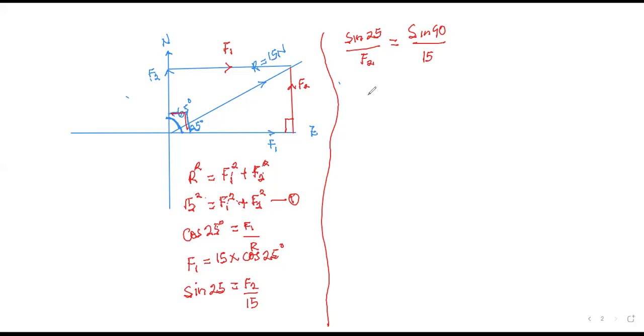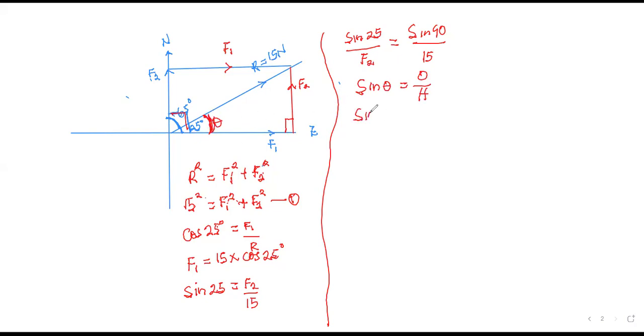Oh, Amelda, sine of an angle is the ratio of the opposite side of the right angle triangle to the hypotenuse. So the angle in consideration here is 25.